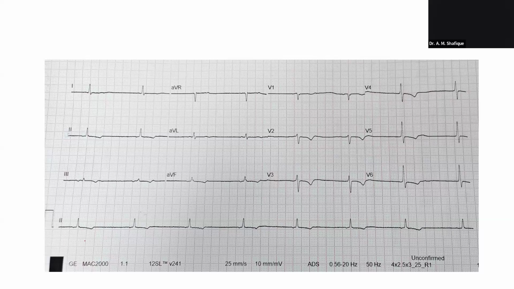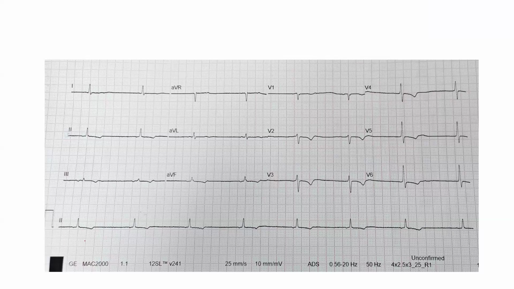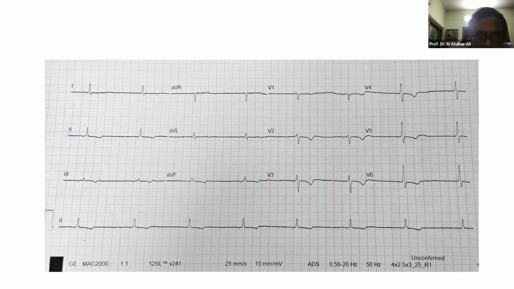V4 a bit slurred. Not much. But these are escape rhythms, so a direct comment is not easy, as the ST depression changes may not be truly significant because these are escape rhythms. But there are some changes definitely.